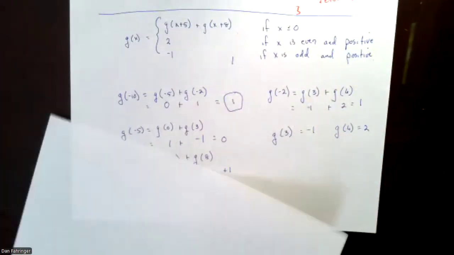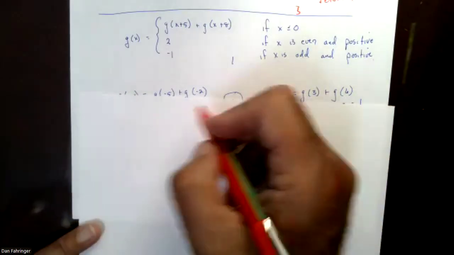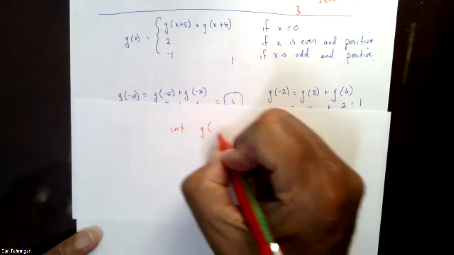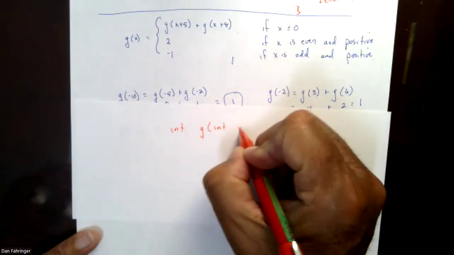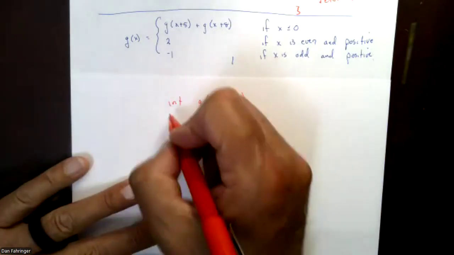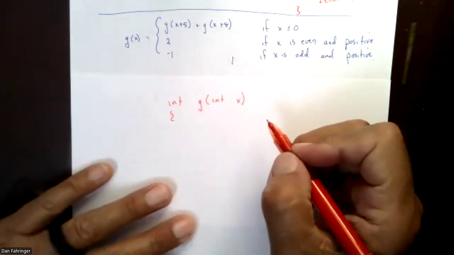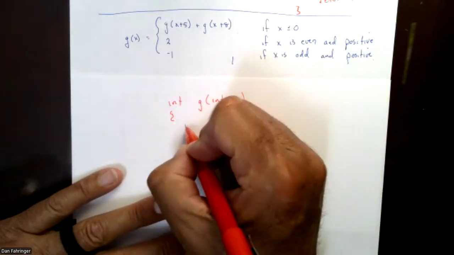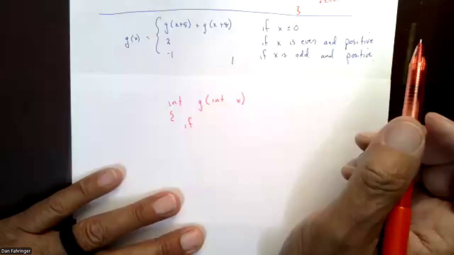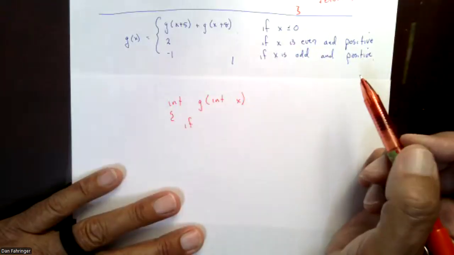Let's see. I'm just simply going to call this function g. I'm going to stick with ints. Int g of int x. Somebody give me the start. Let's start at the top and go down.